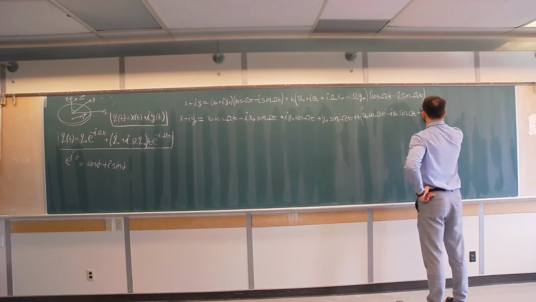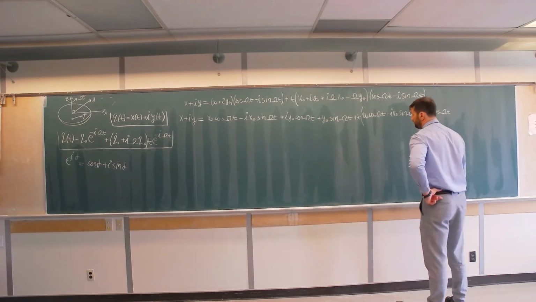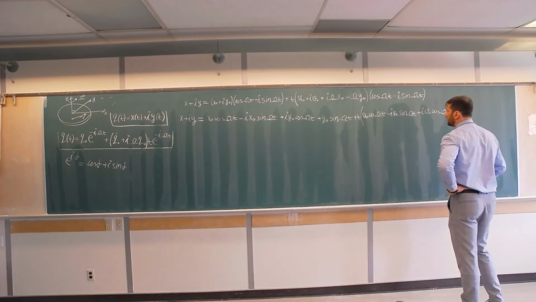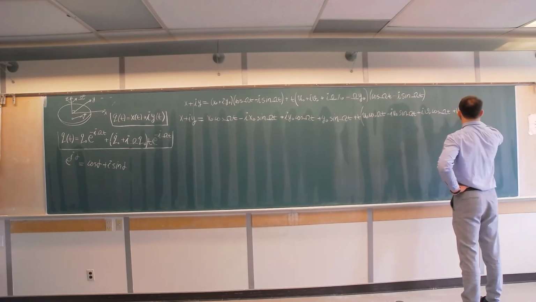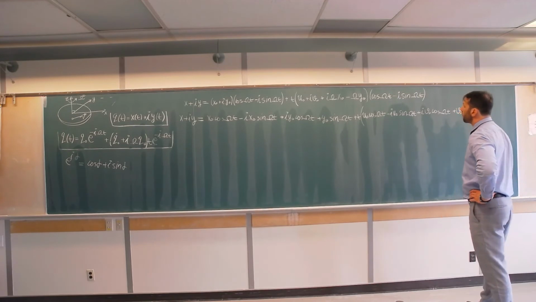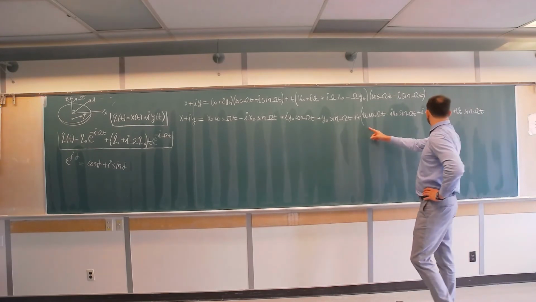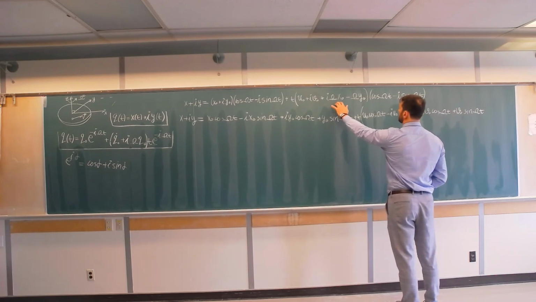Plus i v0 cosine omega t plus v0 sine omega t. Let me continue here. So I have now this third one.